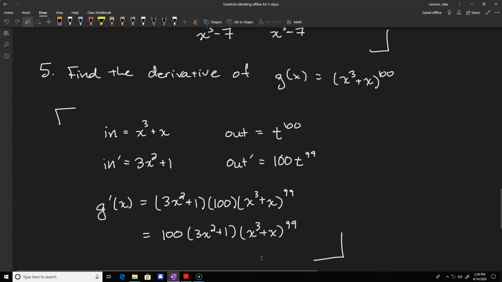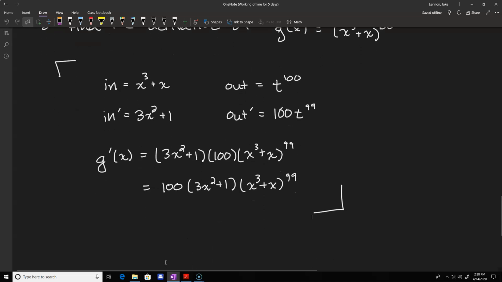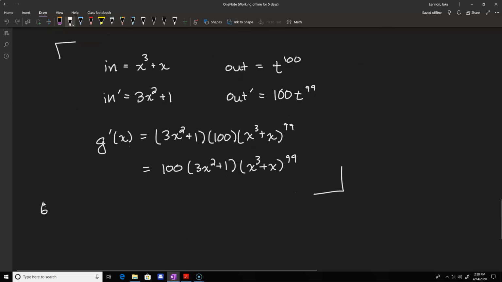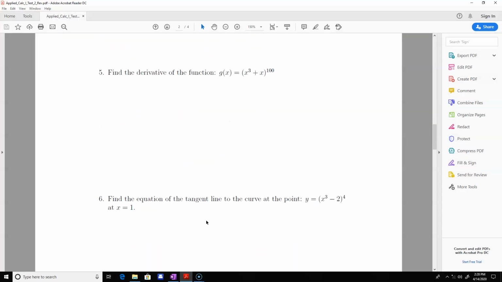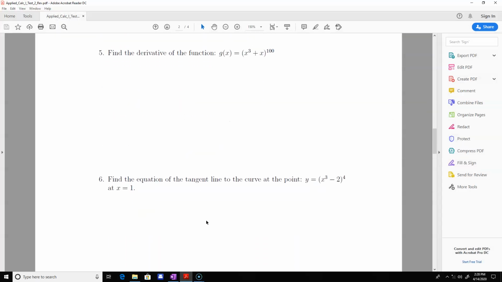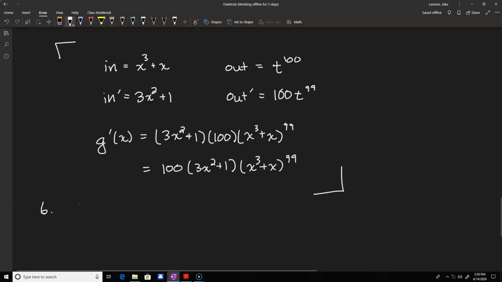So let's continue with number 6. So let's go ahead and see what that is. So number 6, we want to find the equation of the tangent line to the curve y equals x cubed minus 2 raised to the 4th at x equals 1. So let's write that down.